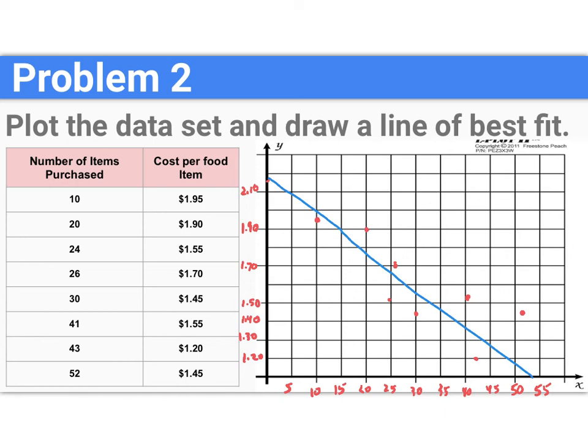I'm not getting into exacts. This dot shouldn't be here. I don't want you to confuse yourself. That dot shouldn't be there. In generalities, the more items you purchase, the cost should go down. And it looks like we have a negative correlation.